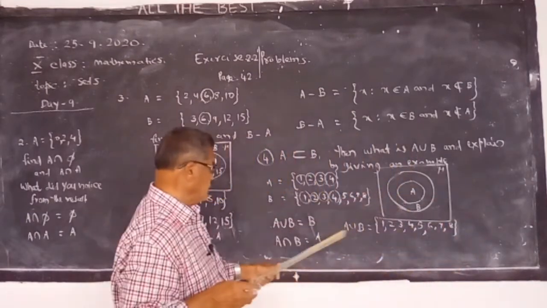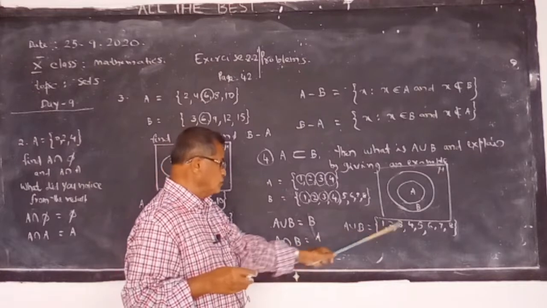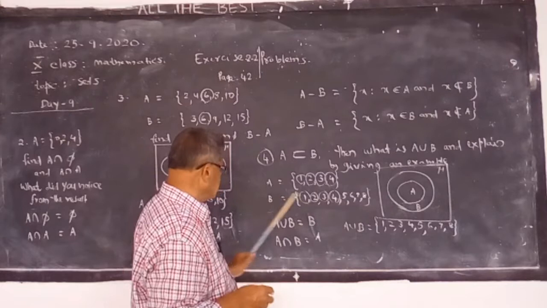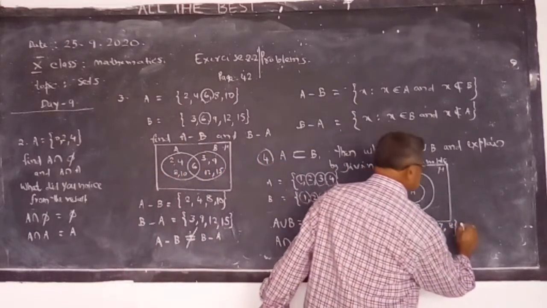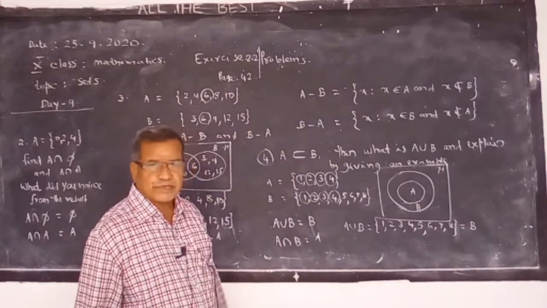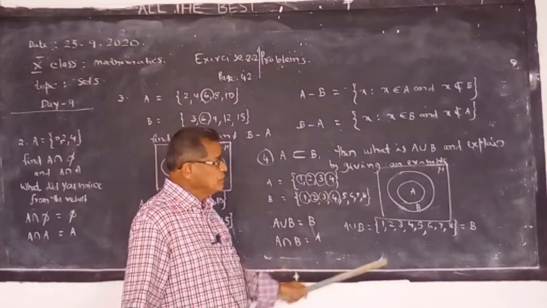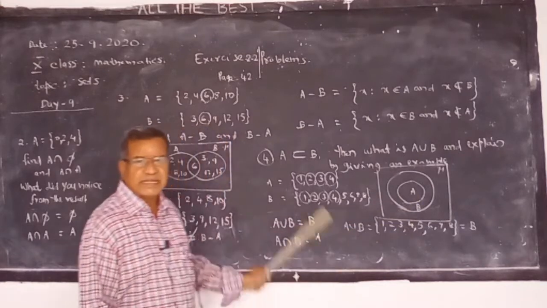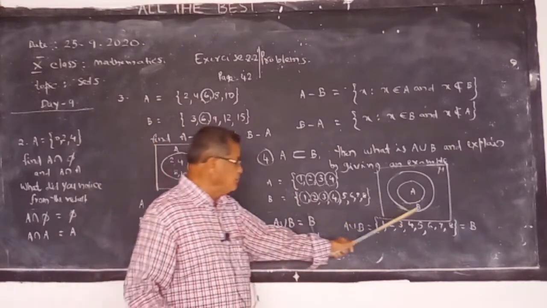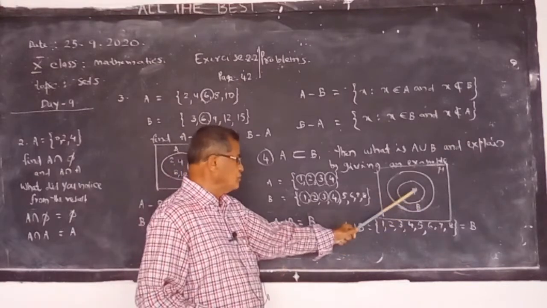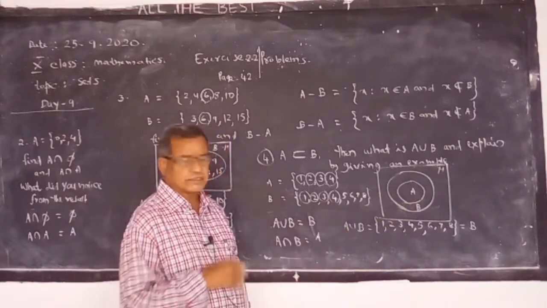That is nothing but set B. It is a very important condition: if A is a subset of B, then A union B is B, and in intersection we write A.